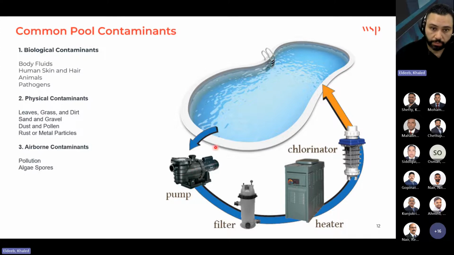This is like the heart of the circulation system, and then the filtration unit, which is a sand filter, and it could be a cartridge filter. We have a heat exchanger for heating and cooling, and then we have chemical dosing. It includes a chlorinator, pH adjustment, and so many things. We'll go into detail on this.